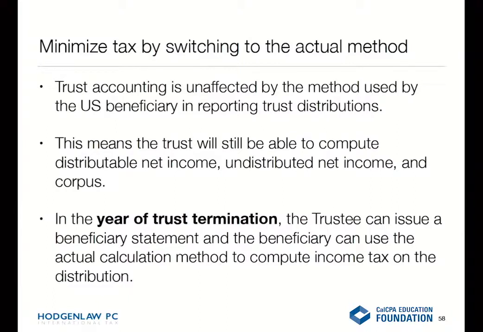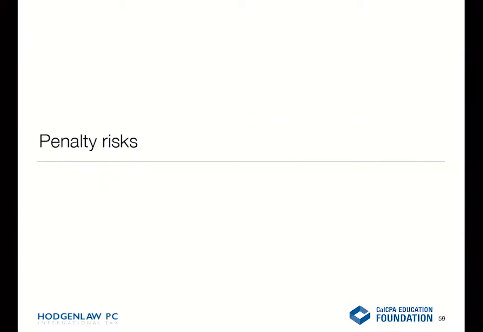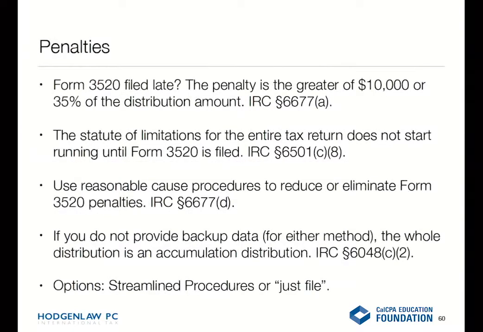Now, of course, we can't talk about anything where you have to fill out Form 3520 without talking about penalty risks. This is a major problem because even today there are a lot of people who receive distributions from foreign trusts and they don't realize that they needed to fill out this form.